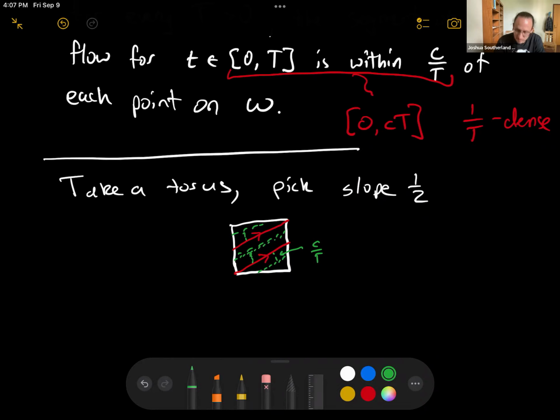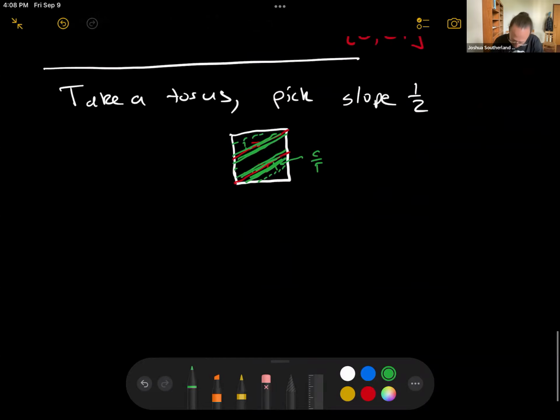And we can see that this can't happen for a periodic trajectory like this, because as T goes to infinity, the trajectory is not spreading out in the space, but this neighborhood around the trajectory is shrinking. Okay, so at some point, the neighborhood just ends up being a very skinny thing around this trajectory. And it's just not going to cover every point on the surface, so it's not super dense. Okay.